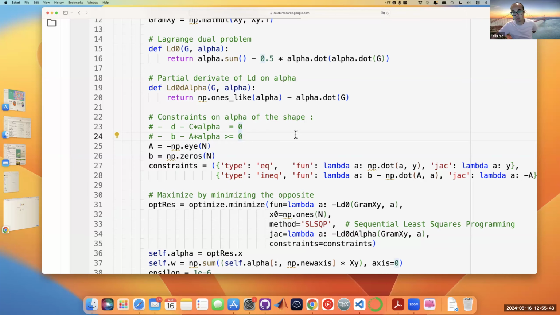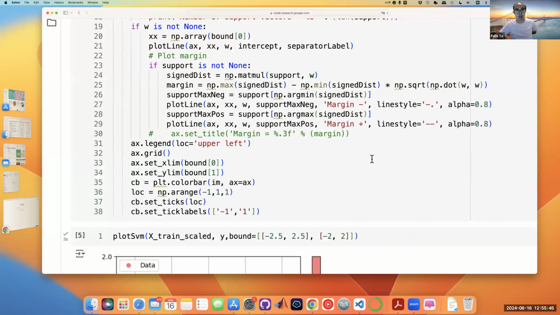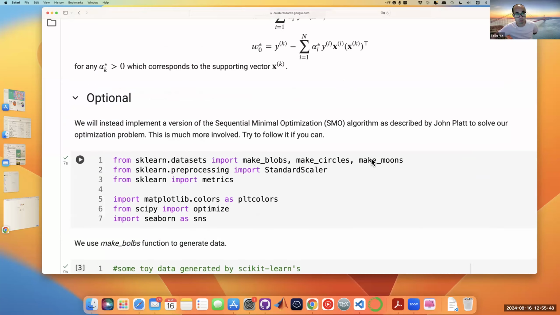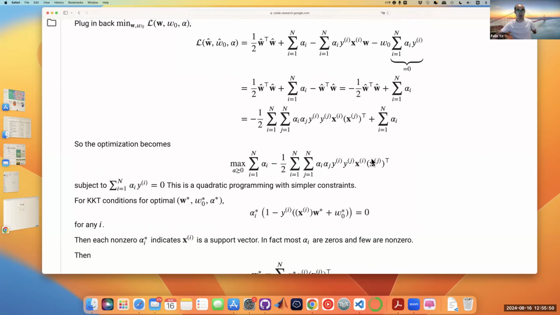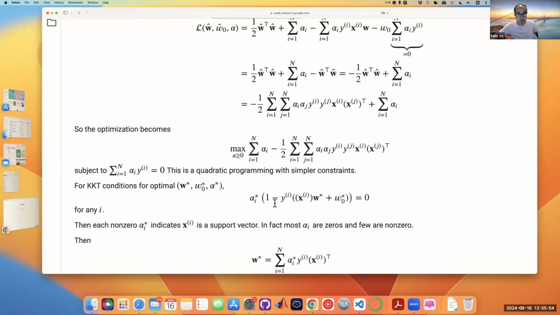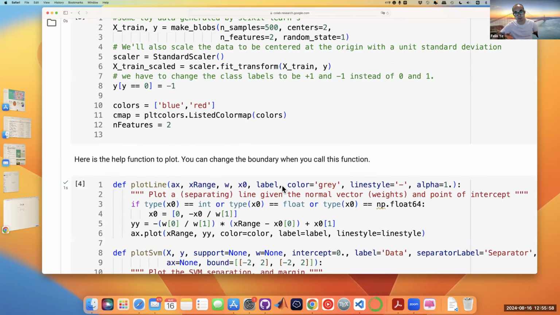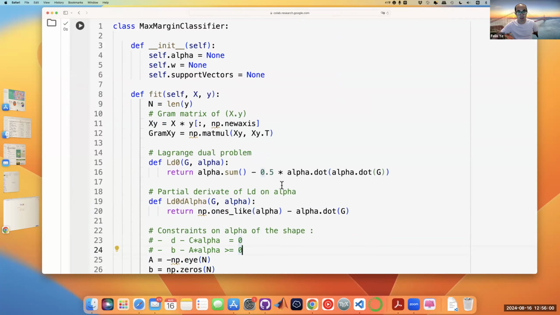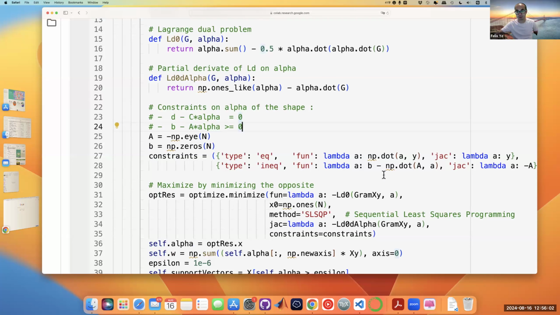The first constraint that we already showed is that the inner product of alpha and y has to be 0, right? So this is right here. And another constraint is that my alpha has to be bigger than or equal to 0. So that's why you write down this whole thing.